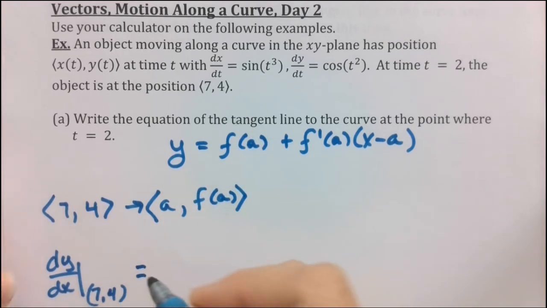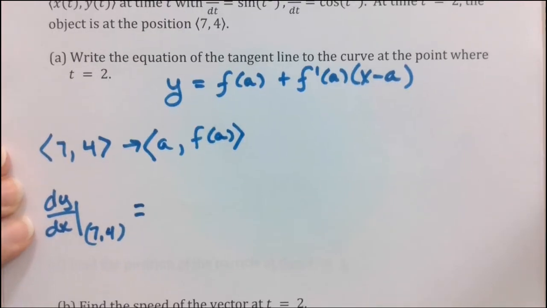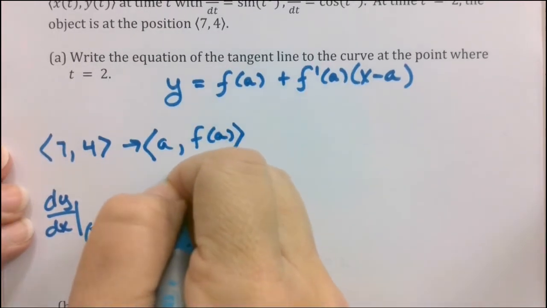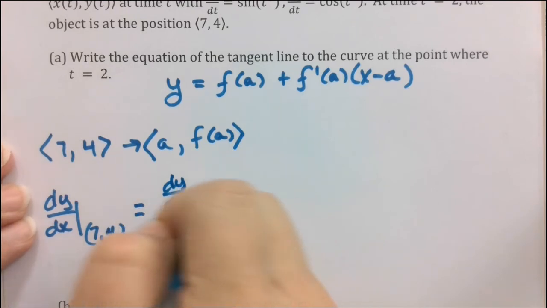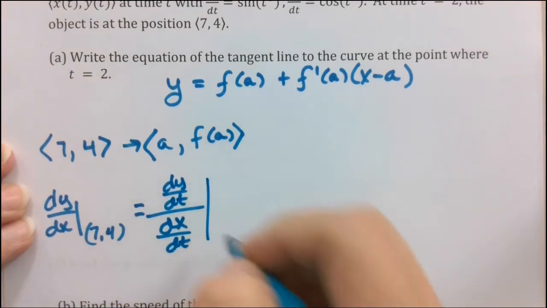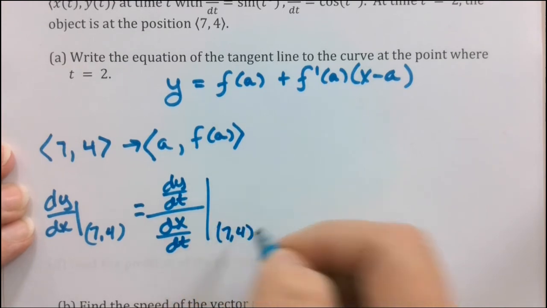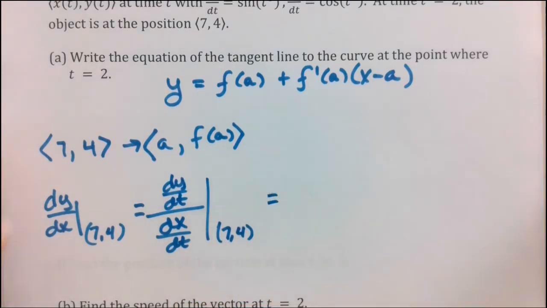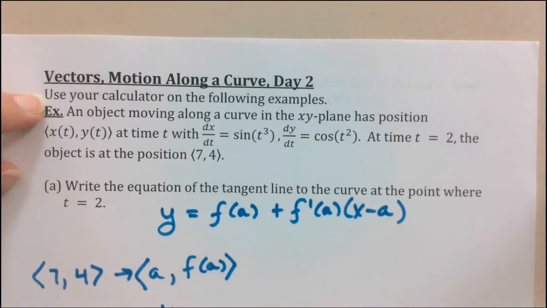So remember that when we do a derivative in parametrics, this is going to be equal to dy/dt over dx/dt, again at the point (7, 4). I failed to point this out when we started. This is a calculator free response question.